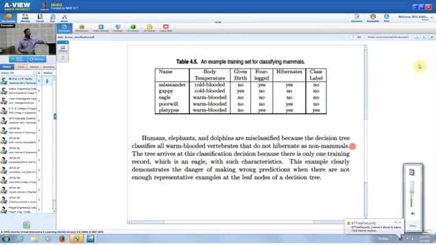The problem caused here is that human, elephant and dolphins are misclassified because the decision tree classifies warm-blooded vertebrates that do not hibernate as non-mammals. Using this training data set, a tree is being constructed. Show the tree.